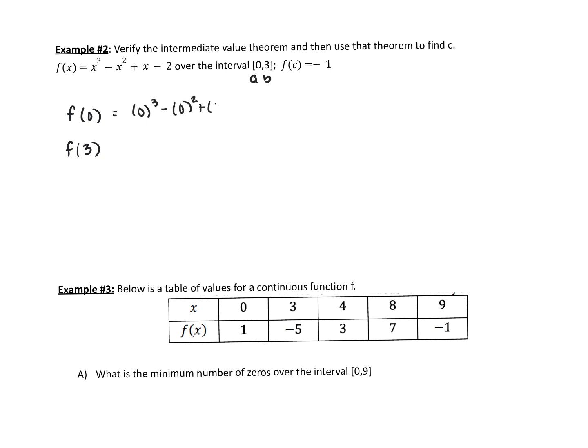I'm going to plug in 0, and that's easy, that's -2. Then we'll plug in 3. This one might be a little more work. So 27 minus 9 plus 3 minus 2, and that gives us 19. So does it work that there will be a C value that'll be -1? Let's see, -2 and 19.